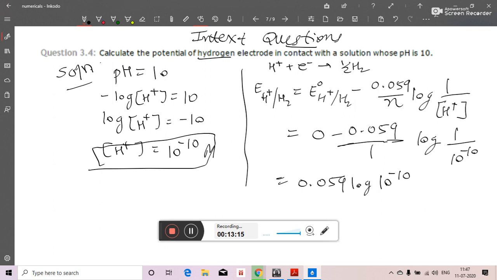Now this minus 10 in the power will come in front into 0.059 into, now log 10 is 1. So into 1.